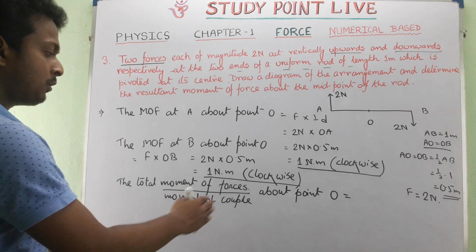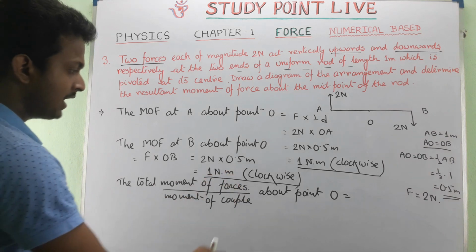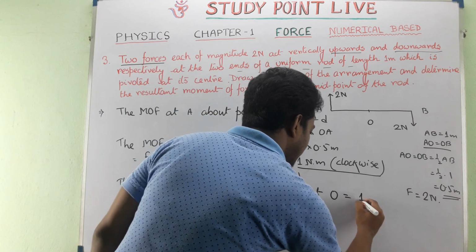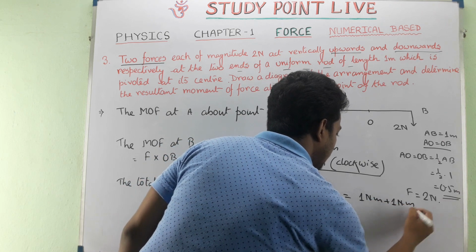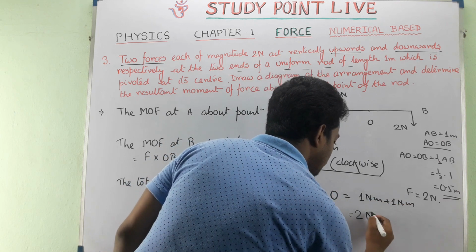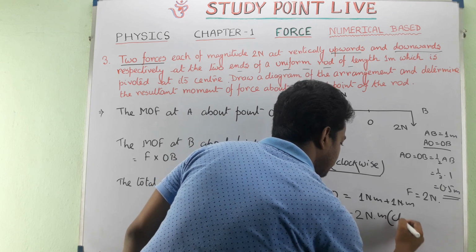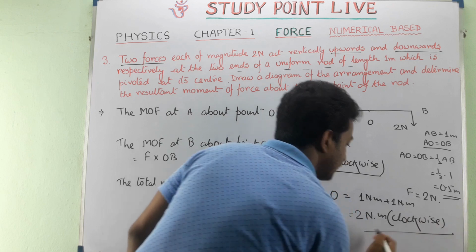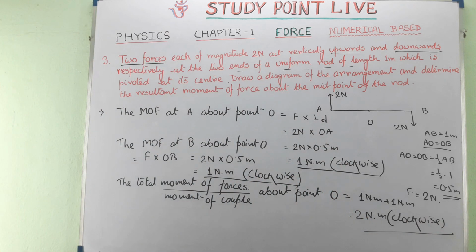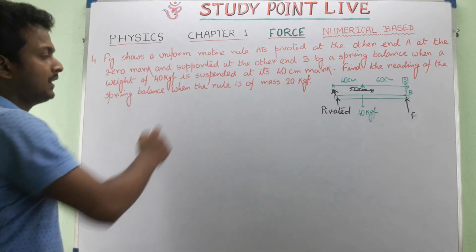So what will be the total moment of couple about point O? That is 1 Newton meter plus 1 Newton meter. Ultimately it will be 2 Newton meter in the clockwise rotation.